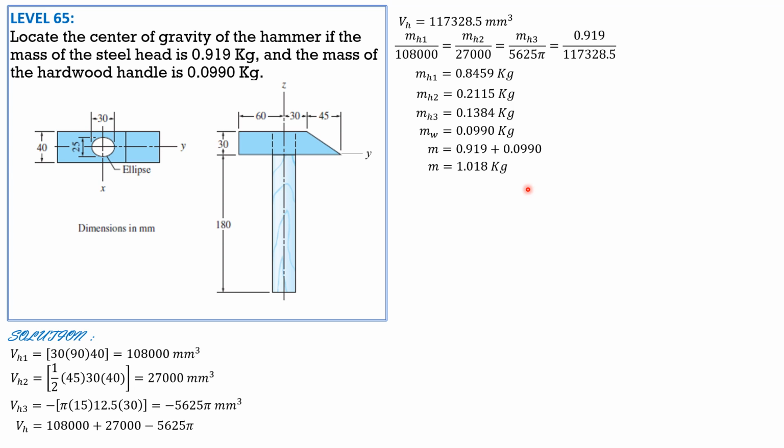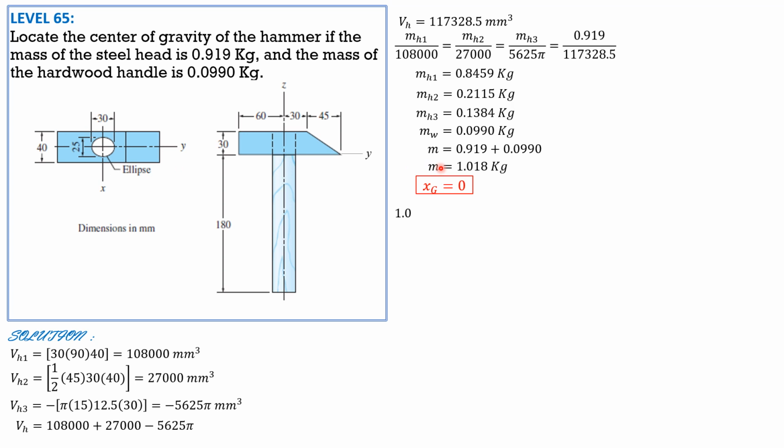Then by Varignon's theorem, xg is 0 by symmetry. The center of gravity lies on this y-axis here, and therefore xg is 0.